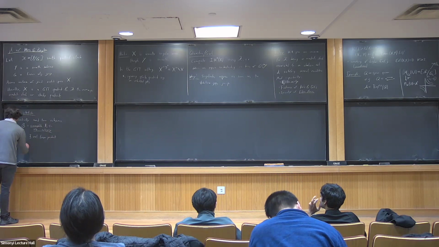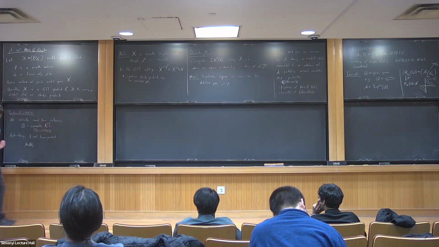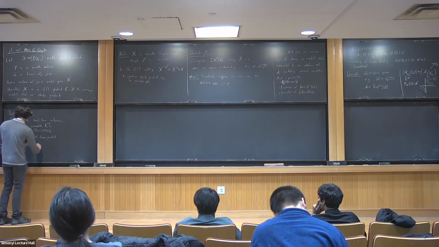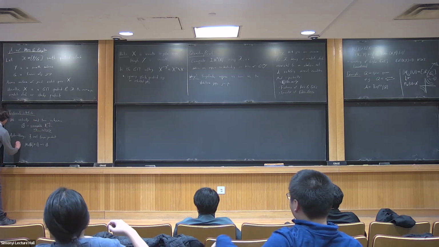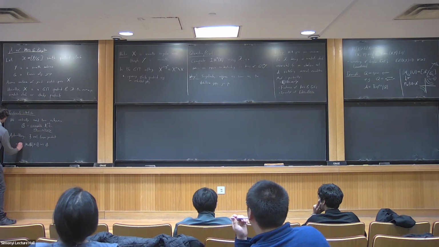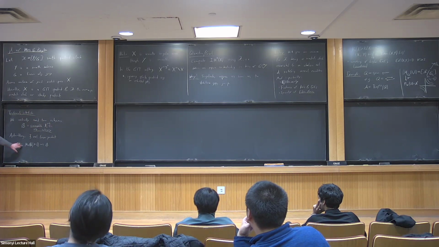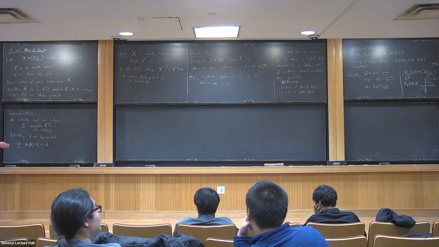You can take any module over the base ring, in our case F_q, and tensor it with any object in B, and get a new object in B. On the left you put a k-module, and on the right you put an object in B, and there's a canonical way in which you can define such an operation that satisfies certain properties.